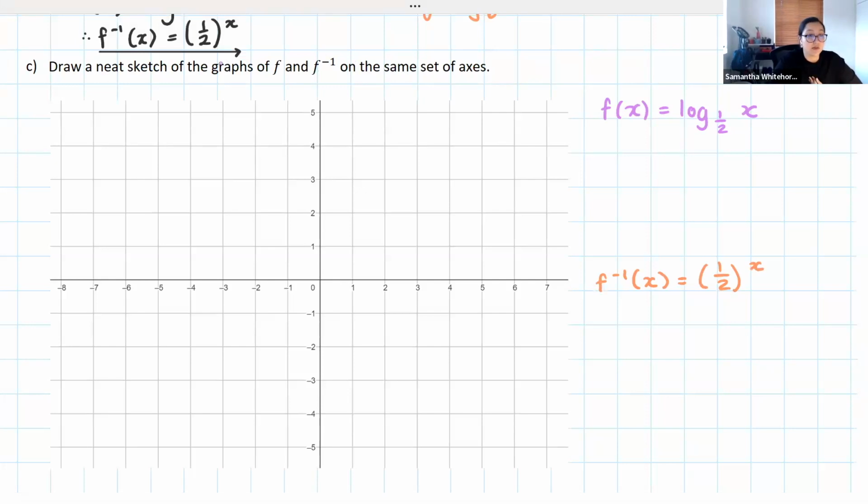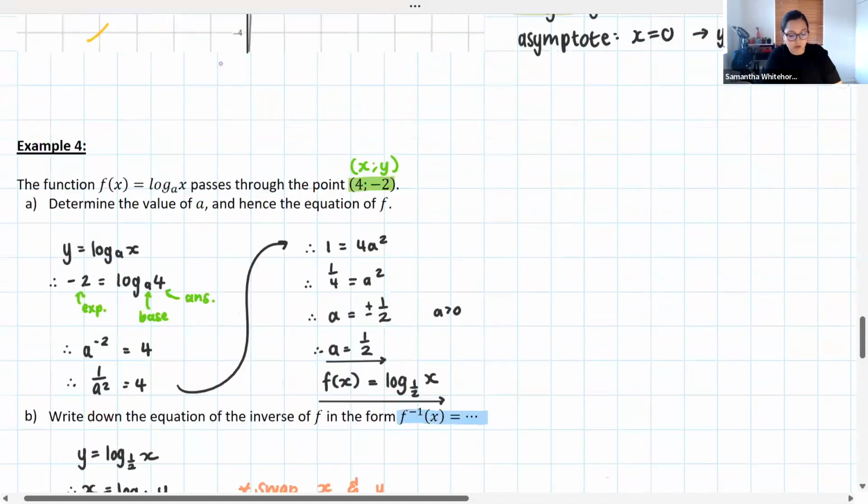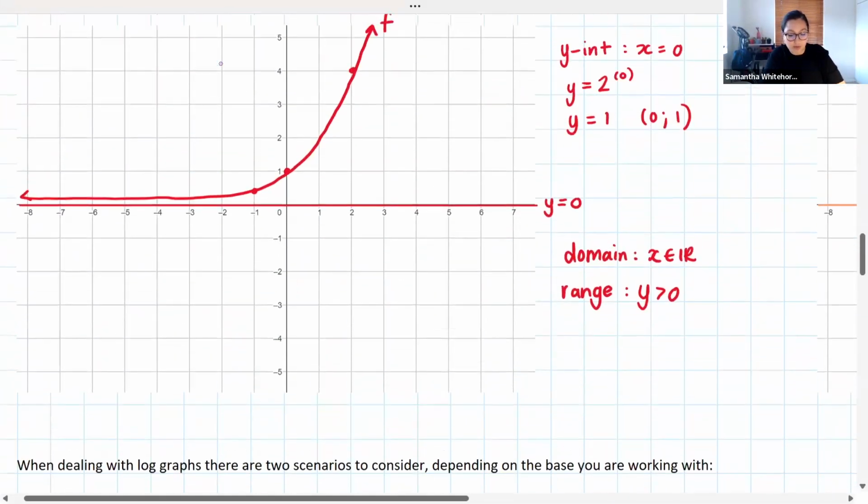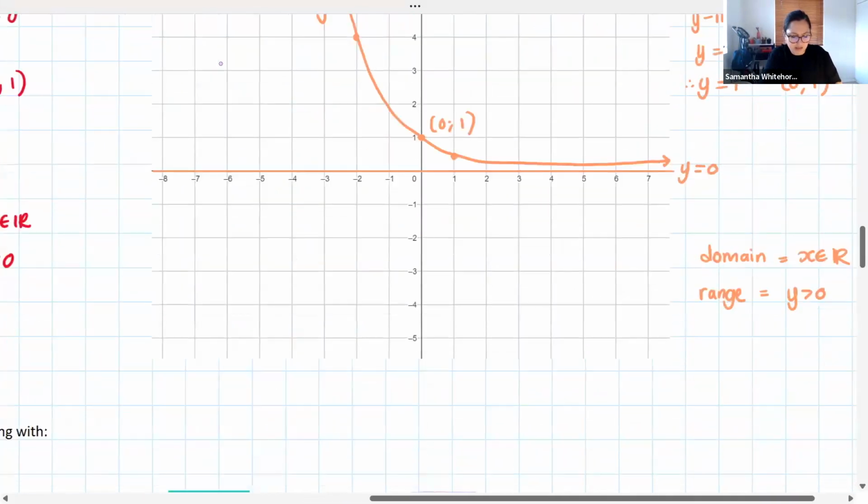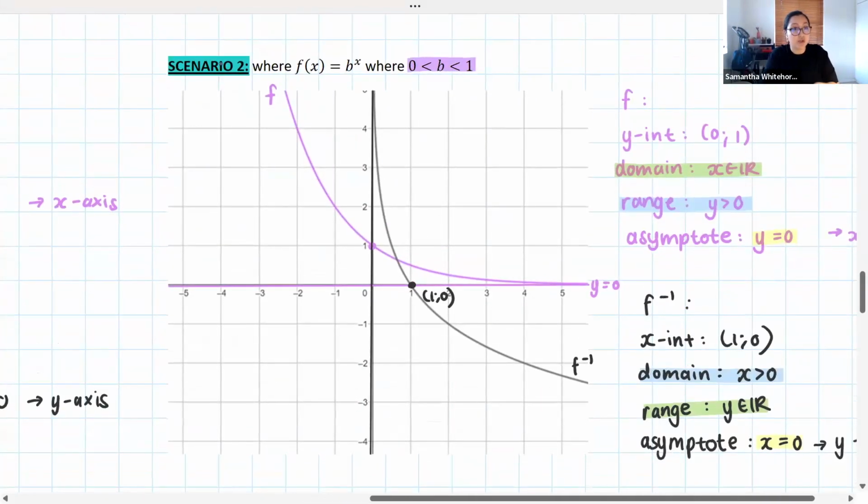Personally, I would start with the exponential because for me it's easier to then visualize the inverse, but it makes absolutely no difference. We have also just spoken about the 2 different scenarios, and hopefully what you realize is that because the base is a fraction, we should be looking at 2 graphs that look like scenario 2. So those are the 2 sort of graphs that I'm expecting to draw here.